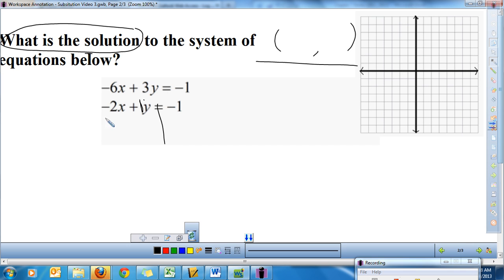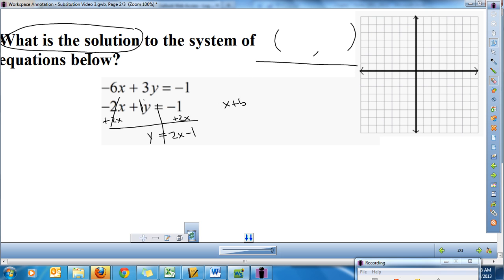In order to do that, I need to bring over my 2x. So I'm going to add 2x to both sides. These cancel out, and I'm going to be left with y equals, I can't do -1 plus 2x, so I'm going to have y equals 2x minus 1. Notice that I put the 2x first, and that's just because I wanted it to be in y equals mx plus b, and that's a little bit easier for me to write it out that way at first.